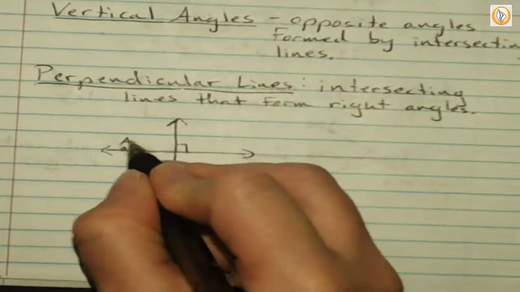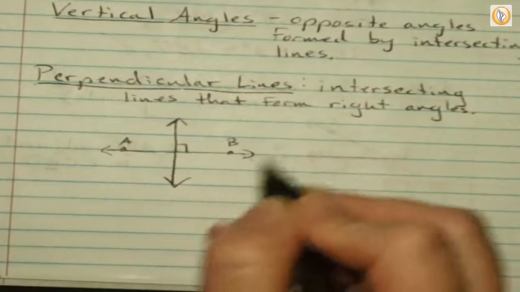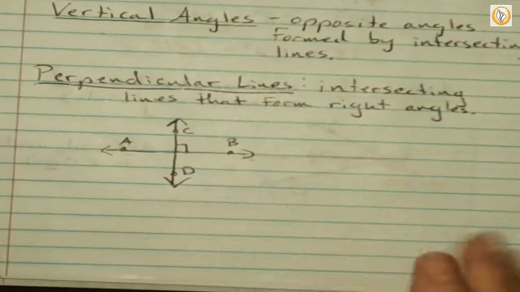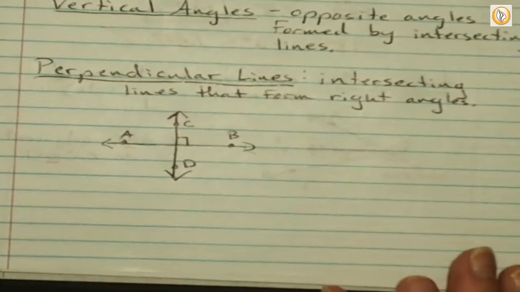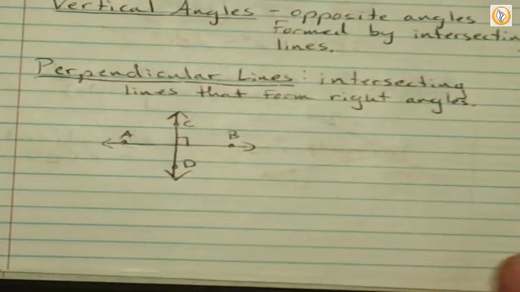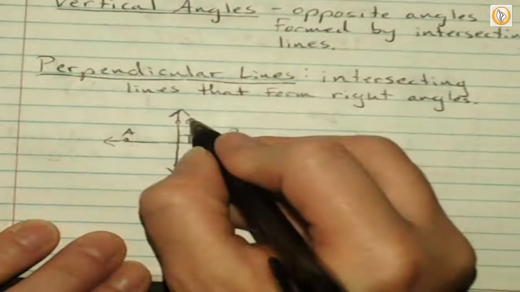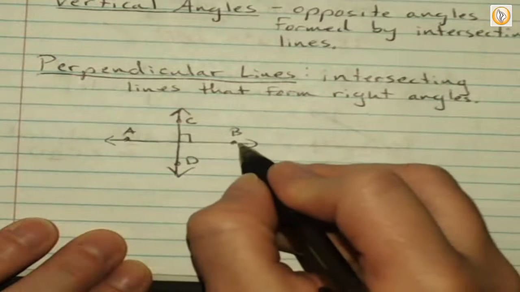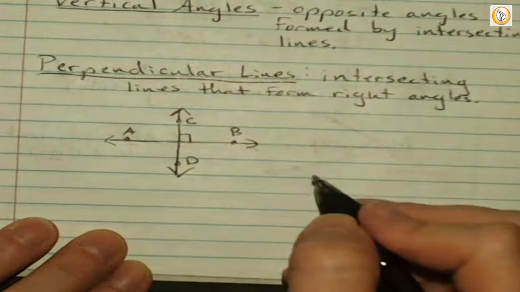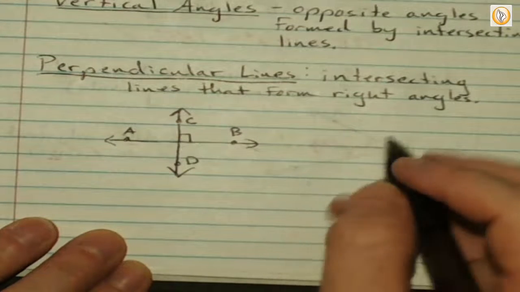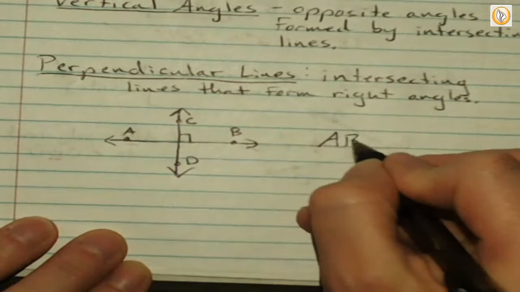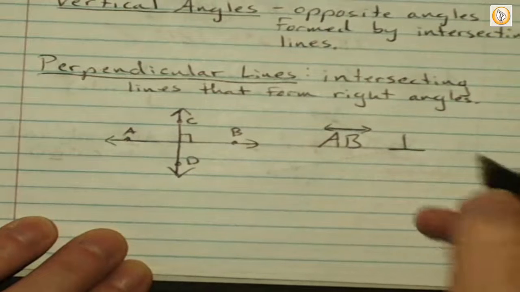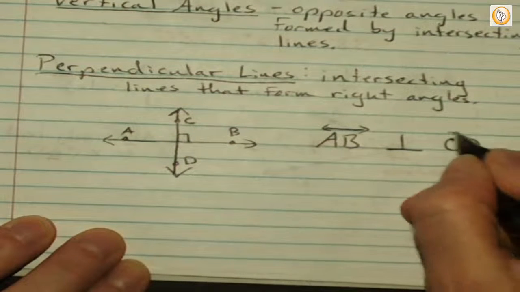Say this is line A, B, and this is C, D. All right, so line AB, remember your symbol, is perpendicular to line CD.